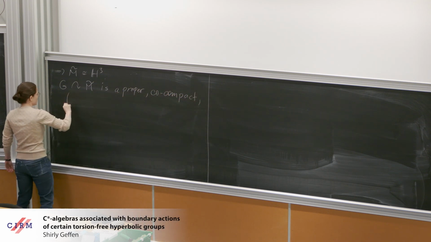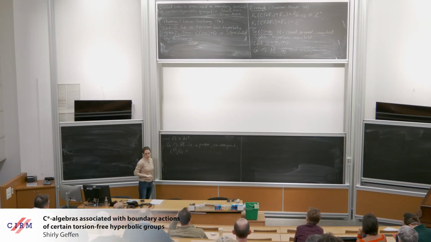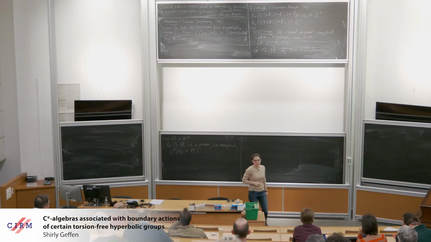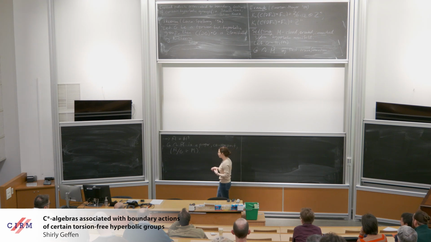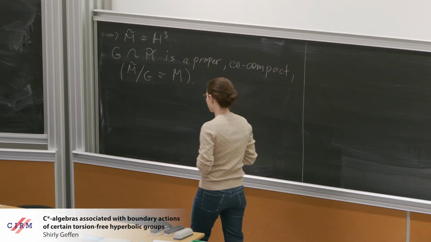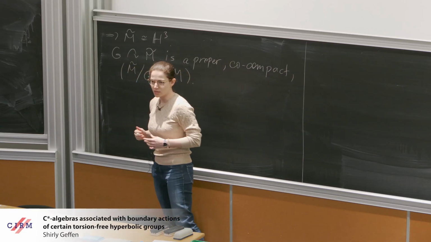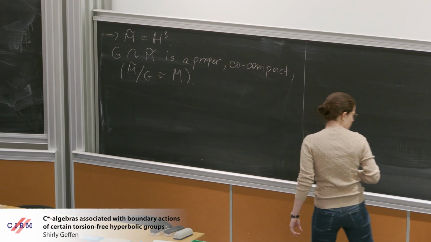Because of our assumption, the orbit space of this action is always the base space, namely M, and we assumed that M is compact. In this case, by the Milnor-Schwarz lemma, when you have such an action, proper and co-compact, then G, the acting group, looks essentially the same as the space it's acting on, namely it's quasi-isometric to the space it's acting on.